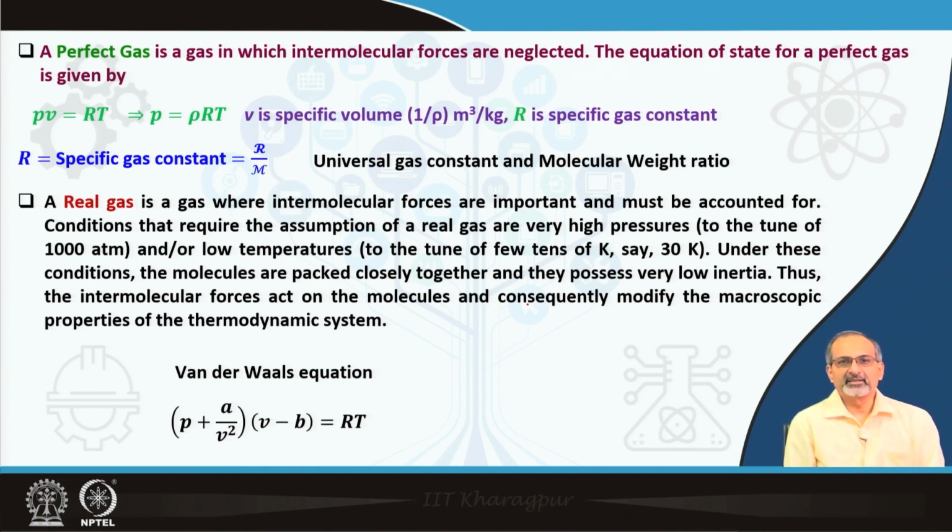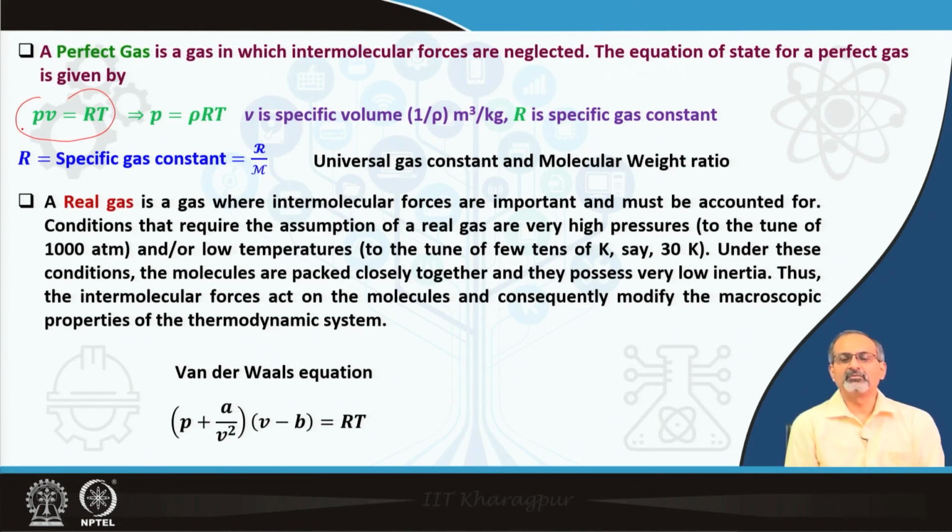We begin by discussing perfect gas and real gas. Most often in our discussions here, we are going to deal with perfect gas, that is, a gas in which intermolecular forces are negligibly small, and the equation of state for such a gas could be given in one possible form like this: P v equals R T, or P equals rho R T, where small v is specific volume, rho is the density, and specific volume is the inverse of density, and R, being the specific gas constant, changes from one gas to the other.